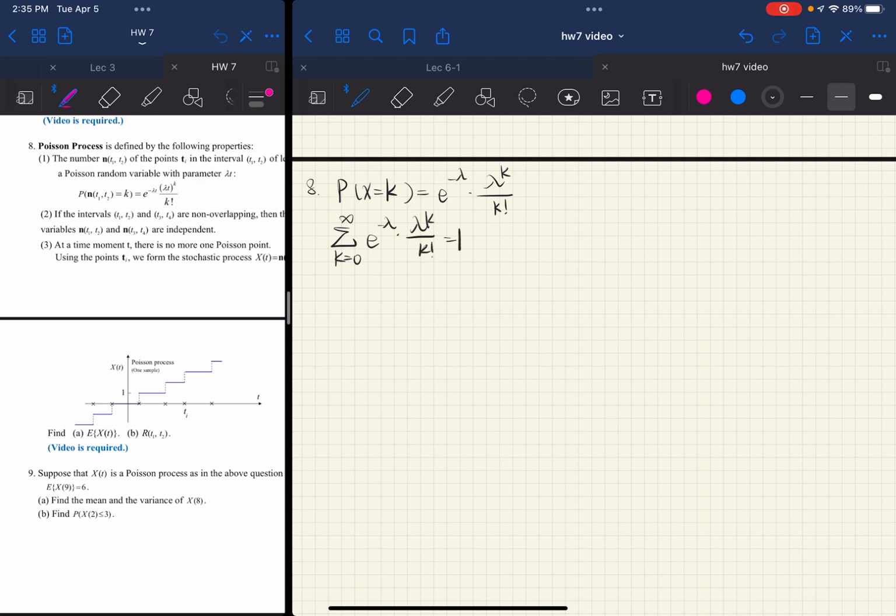If we rearrange this formula, we have the summation from 0 to infinity of lambda to the power of k divided by k factorial equals e to the power of lambda.